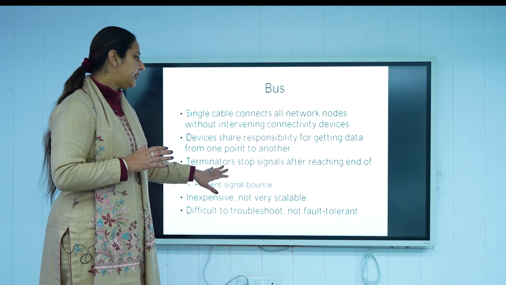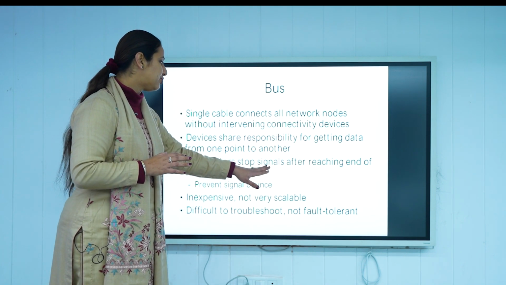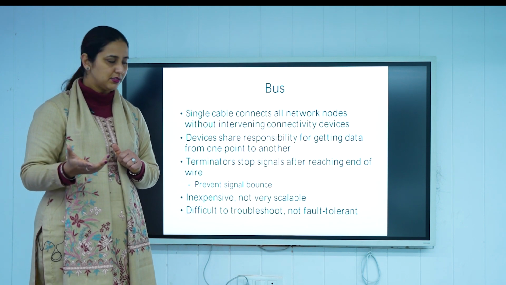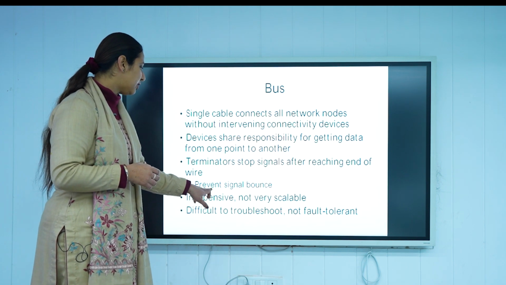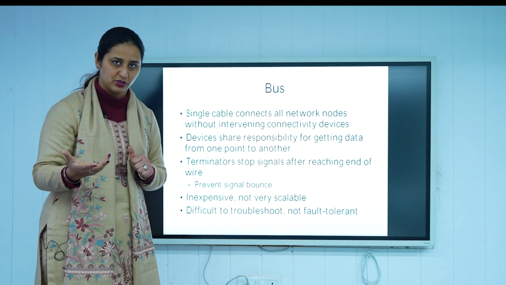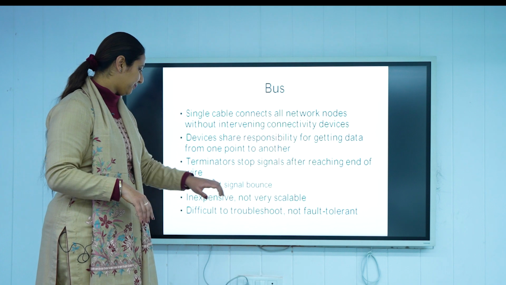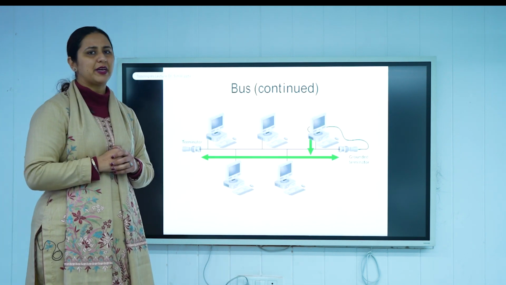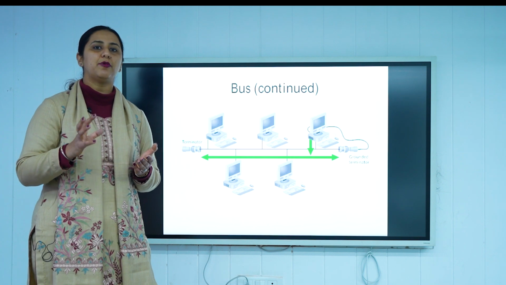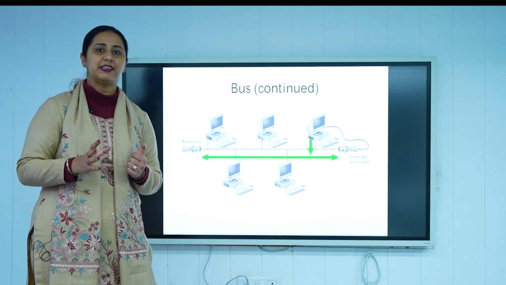Next, the terminators help the signals to stop after reaching the end of the wire. Terminators also help to prevent the signal from bouncing back. And because we are only using a single cable in this type of topology, it is very cost effective and less expensive.